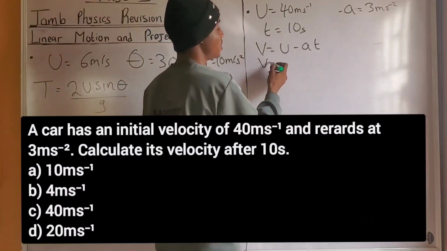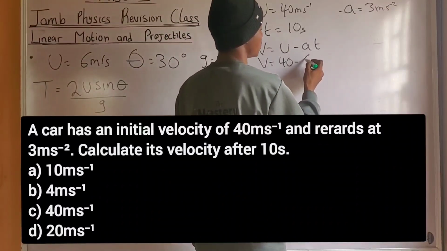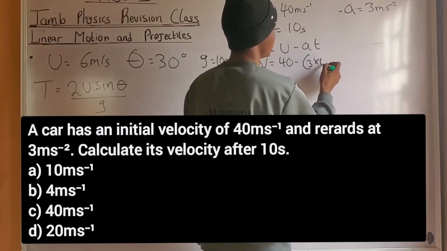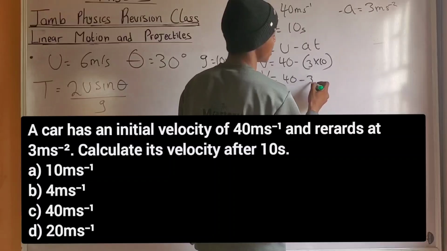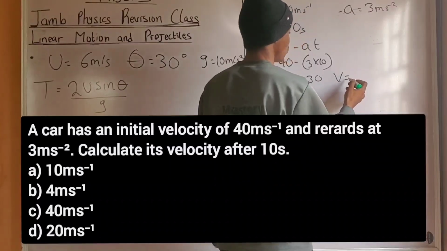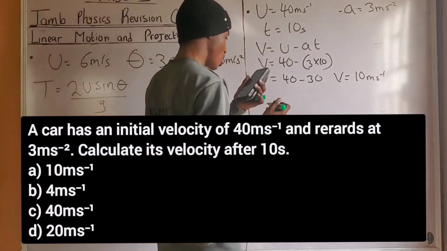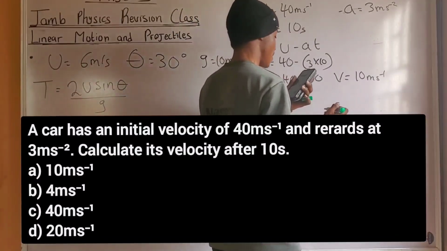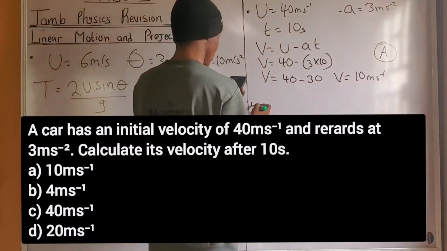So I'm going to have v equals u, which is 40, minus acceleration, which is 3, times time, 10. The velocity will be equal to 40 minus 30. v is equal to 10 meters per second. So the correct option to that question is option A. Option A is correct. Okay, let us look at the next question.